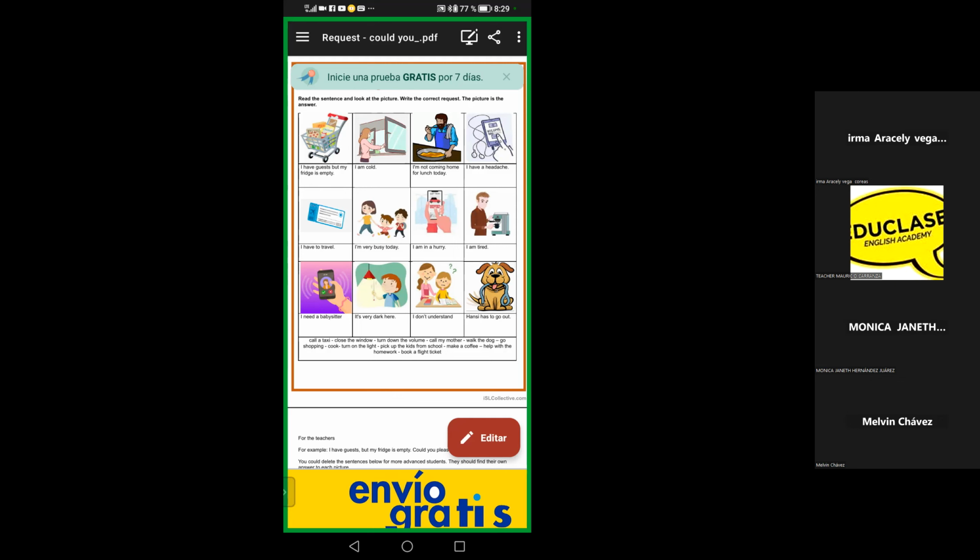Could you buy the supermarket, please? Okay. To buy the supermarket, please.